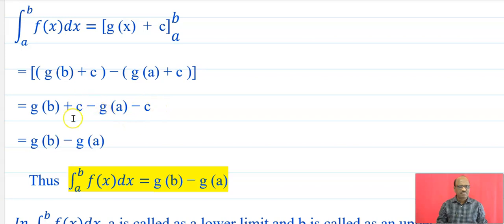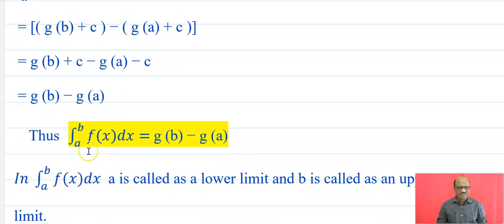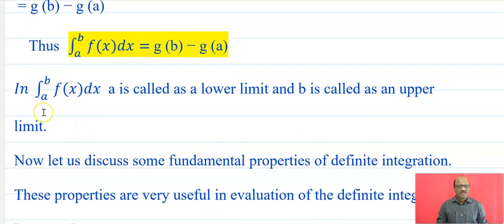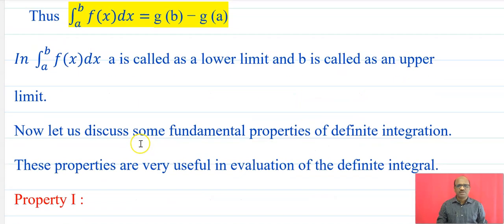Here plus c and minus c cancel and you get g of b minus g of a, and thus integral a to b f of x dx is equal to g of b minus g of a. In this integral, a is called the lower limit and b is called the upper limit.